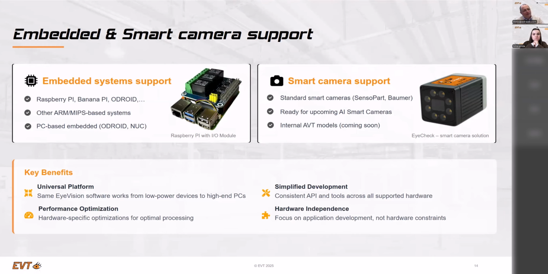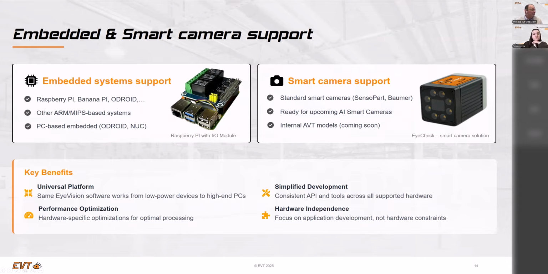And of course, beside of the image capture hardware, you have the choice if you use the EyeVision software to select, for example, small embedded systems like Raspberry Pi or so, where if you want to make a small application and it should be also lightweight and from the price very cheap, or yes, as cheap as possible.